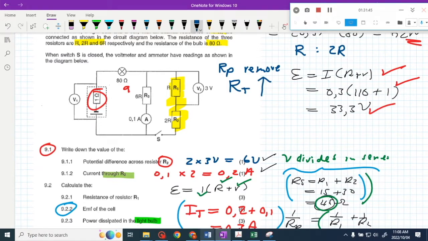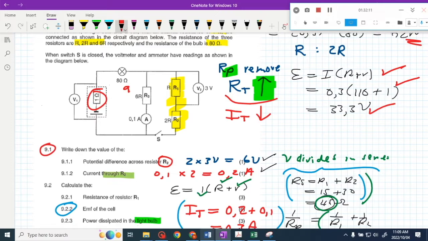When you remove resistors in series, total resistance decreases, but in parallel, total resistance increases. So we know R total is higher. Resistance is the opposition to the flow of charge. So if the total resistance increases, what is going to happen to the total current? It's going to decrease. If there's more resistance, there's less current.